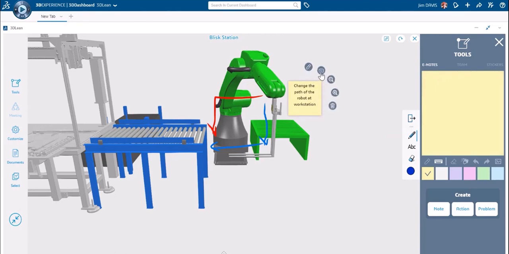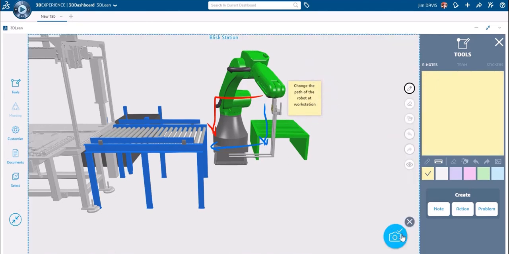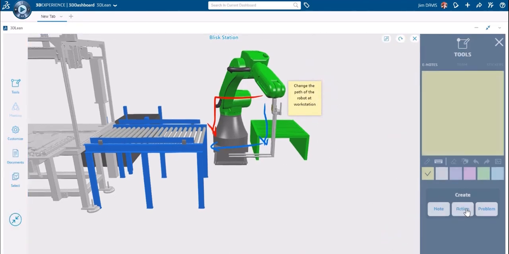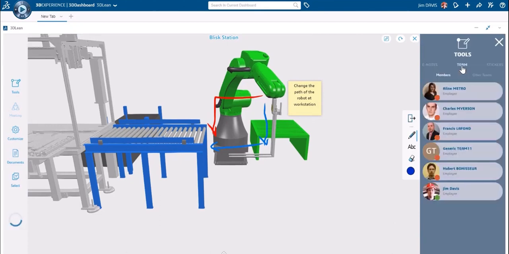Again, what we'll do is we'll take a picture of what we're talking about here so we can have it in context, and we can create that and then again assign it to an engineer as part of the team to see if we can get that done. So again, it goes back to how we can interact dynamically and visually with information that might help us understand what might be part of the root cause of our problem, how we can explain how to make changes and assign actions to try and potentially solve that.